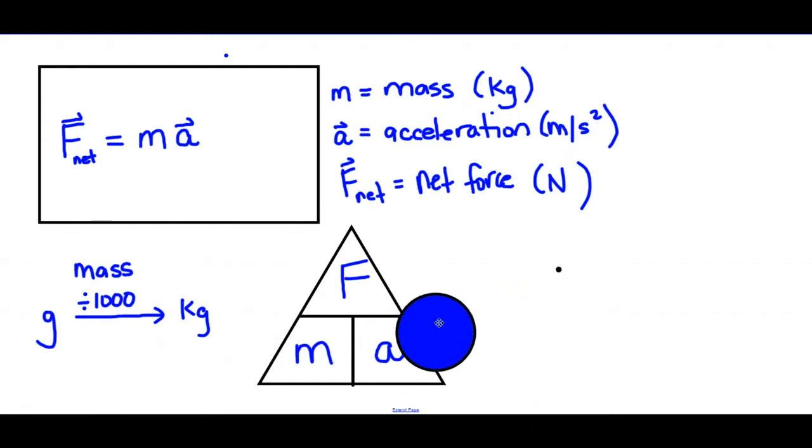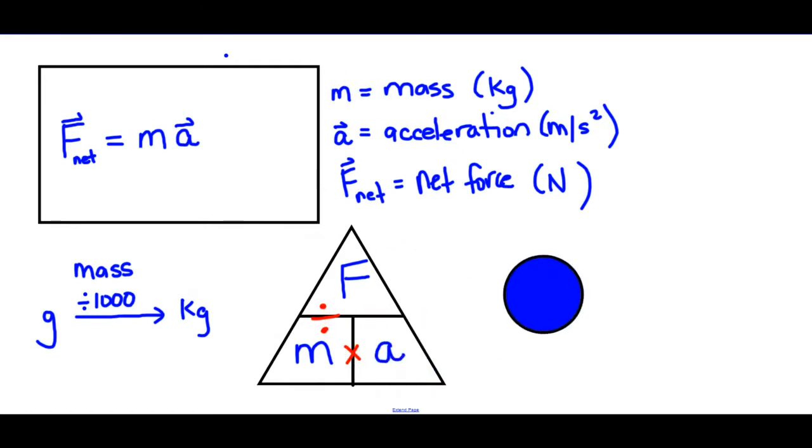So let's just say we're trying to solve for acceleration, cover it up, and what you're left with is the operation that you complete with the two remaining variables. So remember, if they're separated by a horizontal line, it means divide. If they're separated by a vertical, it means multiply.